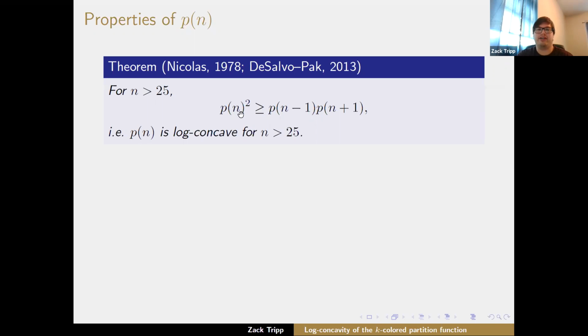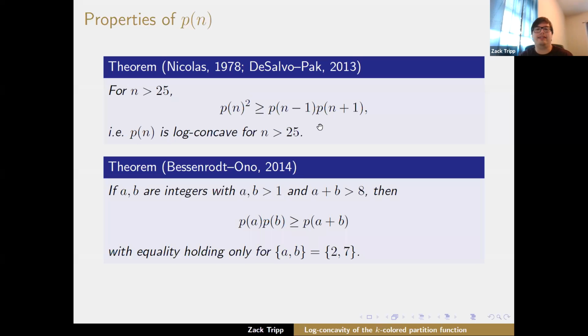You can kind of think, you're multiplying 2 p of n's over here. In some sense, you're combining 2 partitions of n on one side, and then a partition of n minus 1 and a partition of n plus 1, and somehow this set should project onto this set. So this really does have a nice combinatorial interpretation, and there are combinatorial proofs of log-concavity for a lot of sequences.